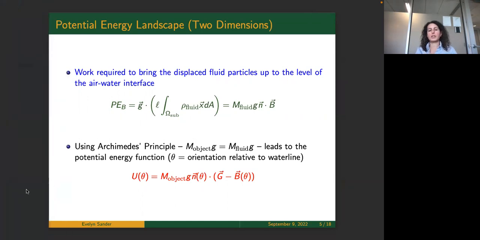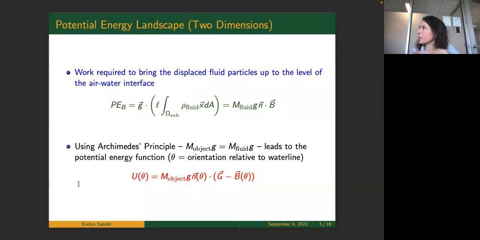And so now, using the Archimedean principle, and seeing that the mass of the object times g is equal to the mass of the fluid times g, it means that we can combine these two into one single potential energy. And this is the potential energy U of theta.